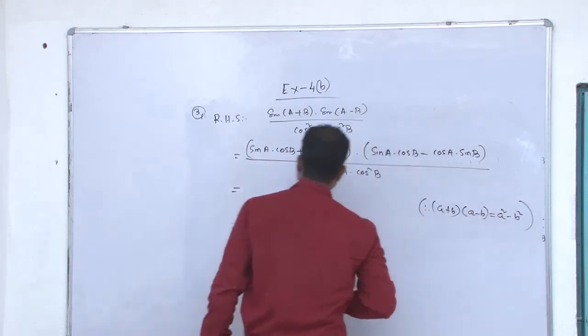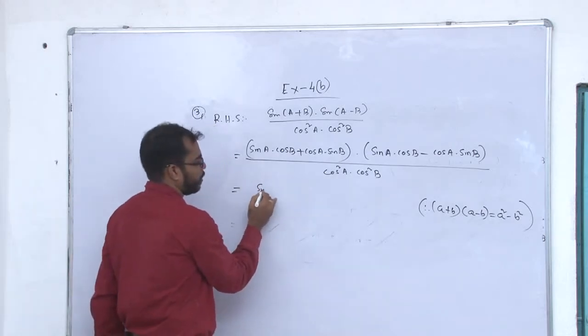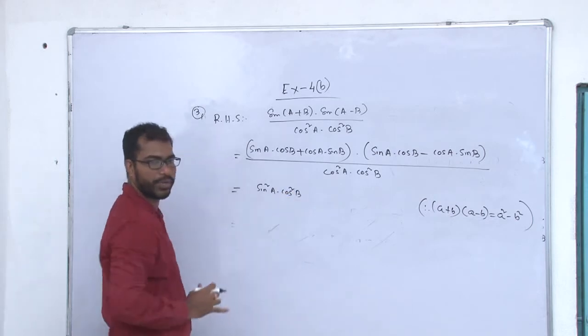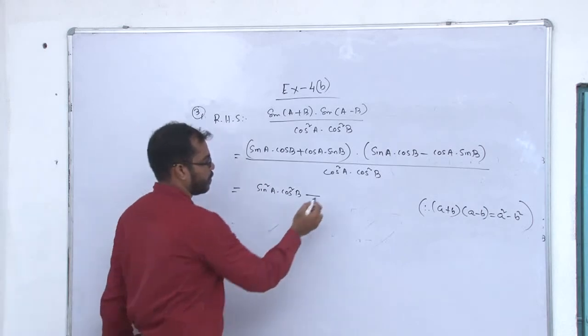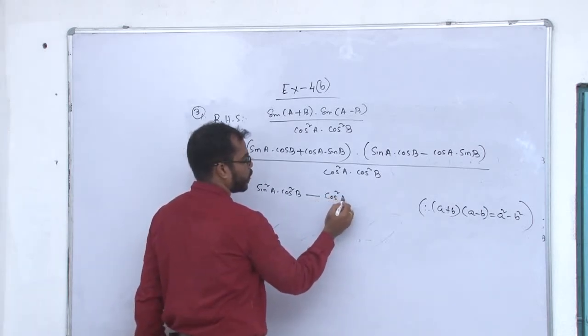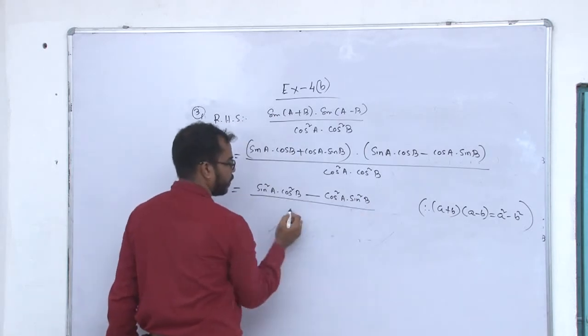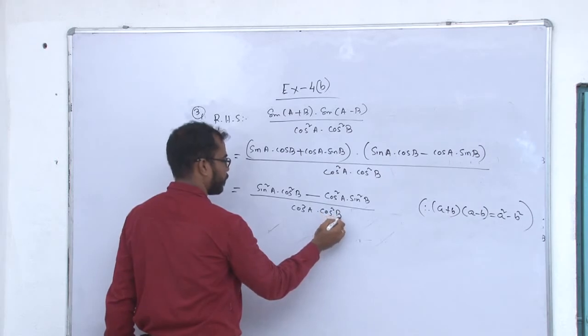So we apply this formula, and we get sin square a into cos square b, because it is in a square form, minus b square, that is cos square a into sin square b, by cos square a into cos square b.